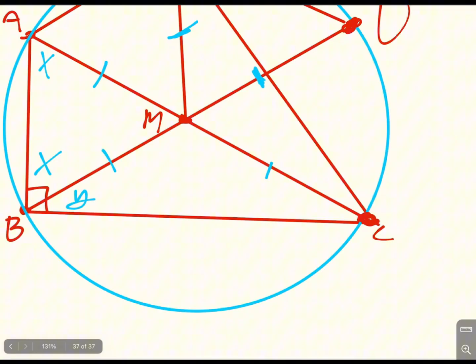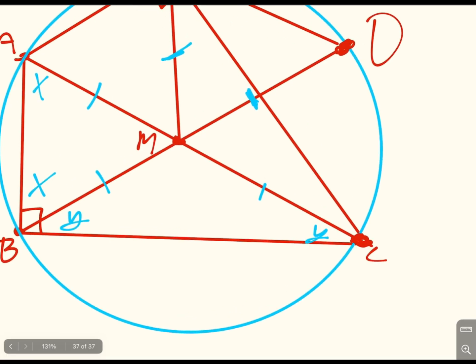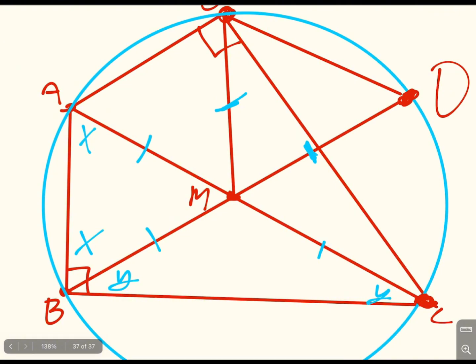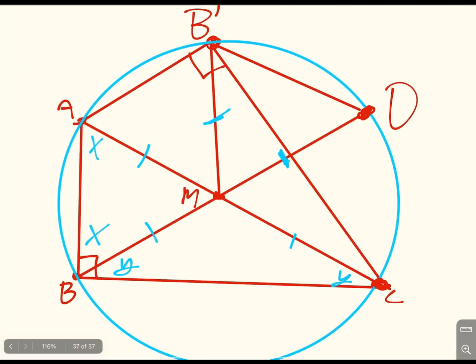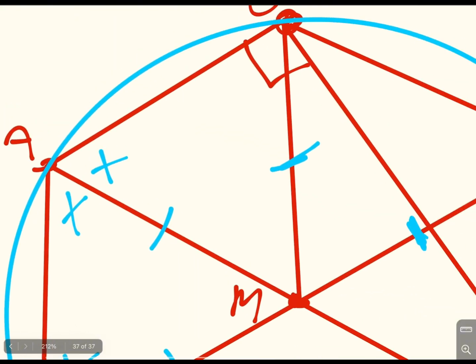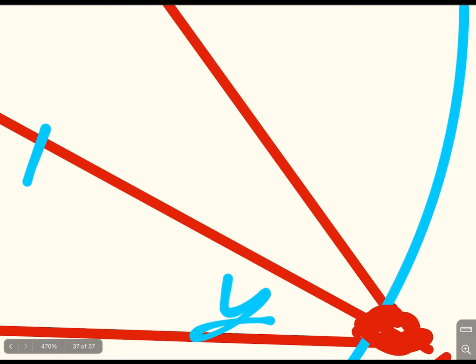Similarly, angle MCB is also going to be equal to y, since triangle BMC is isosceles with base BC. And since triangle AB prime C is congruent to triangle ABC, we can just write these angles again on this other triangle.